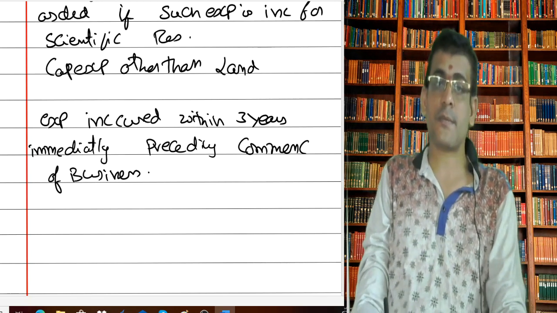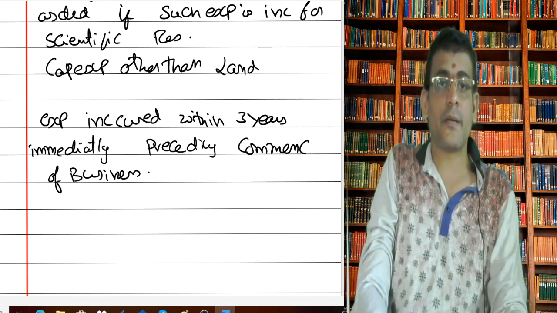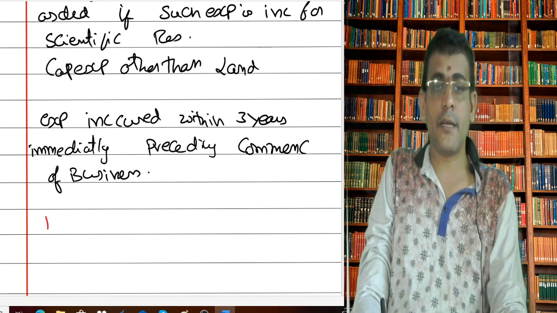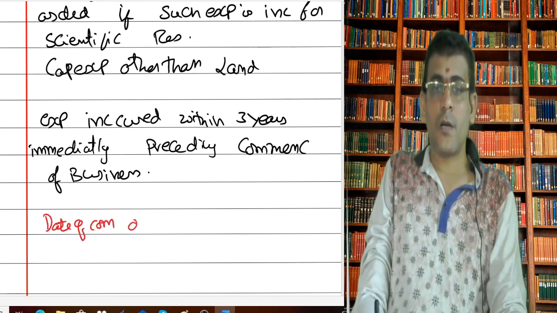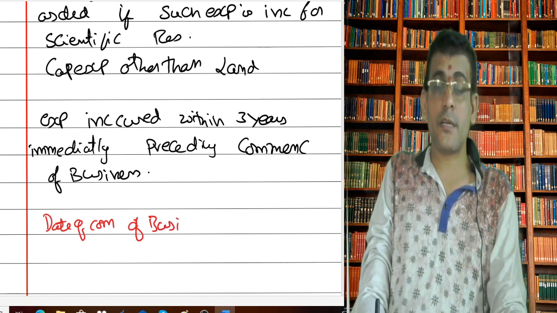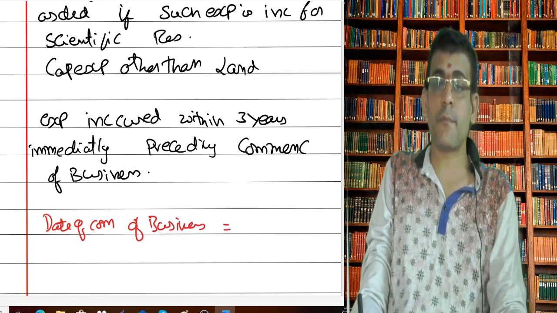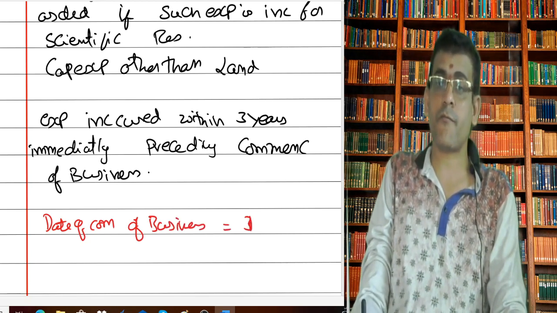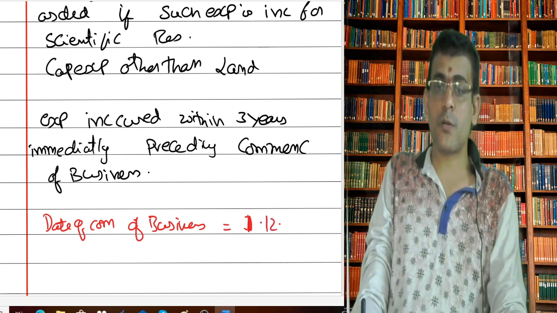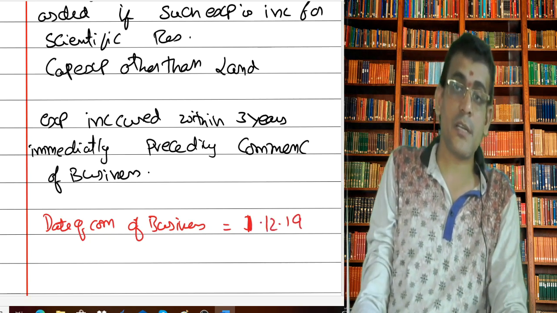Now let me explain this. Let me take an example. Let me take the date of commencement of business. Let us consider the date of commencement of business to be 1st December 2019.